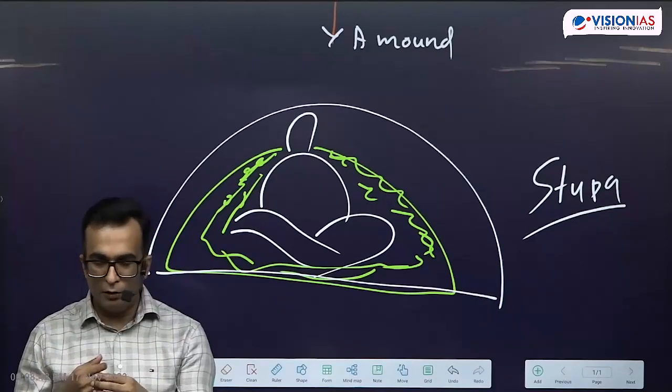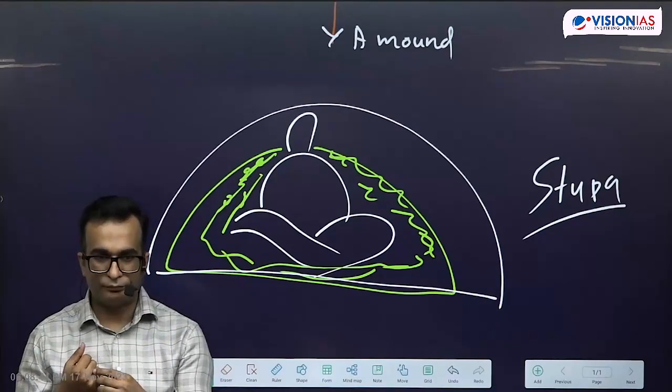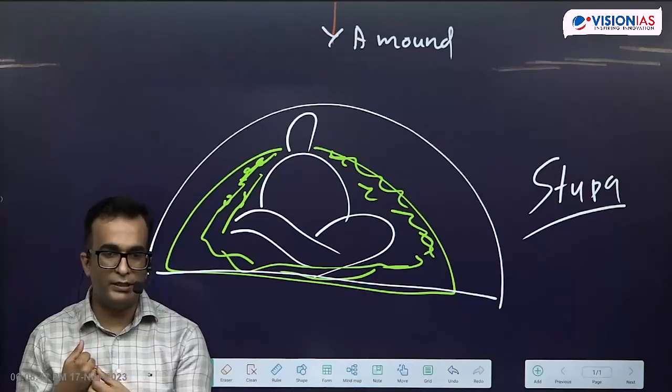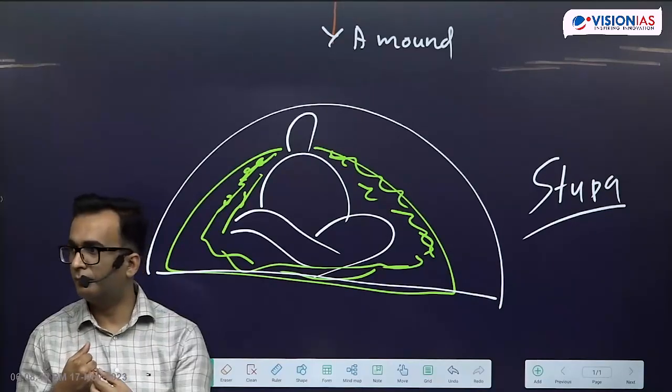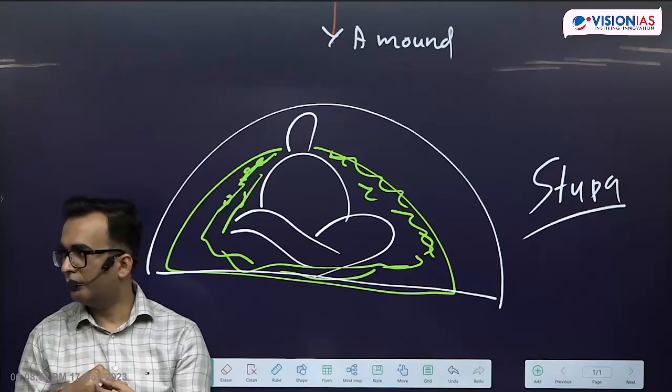Buddha also belonged to the same society.